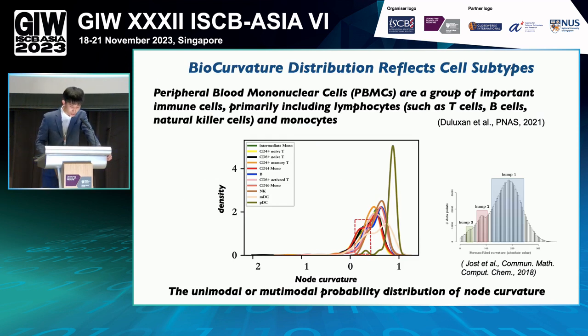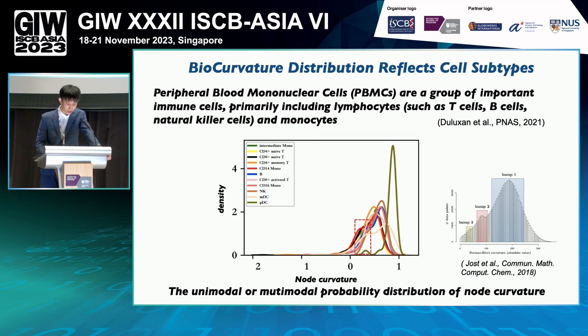Finally, we test our data on the blood sample, which is called PBMC samples. It's the most studied sample. These cells contain many immune cells, including T cells, B cells, natural killer cells, and more.